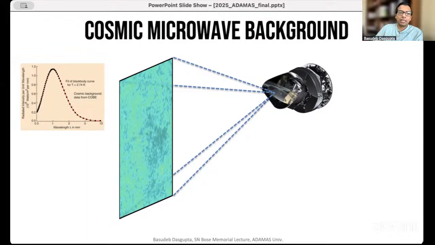And in fact, if you measure the energy spectrum of photons that is coming to us from all of these different regions, different directions of the sky, they form a perfect black body, the same black body that was described correctly using Bose statistics. In fact, to the best of our knowledge, this is the most precise black body that has ever been seen. Nobody has produced a black body spectrum from any other source that is better than this. So it's a really, really good description, this black body spectrum.